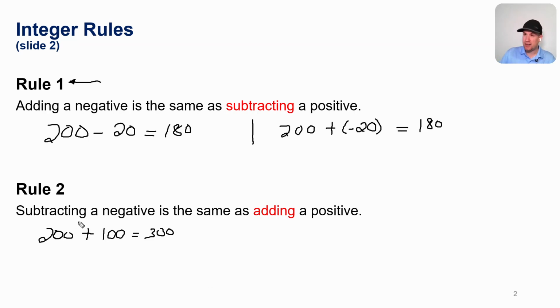A little bit trickier though, something that we deal with on a less daily basis in a sense, is subtracting a negative. So subtracting a negative is the same as adding a positive. Let's say, again, you start with $200 in your bank account, but let's say you owe $100 to your crazy uncle Earl. Earl will be nice to you, he lent you $100, and then you have to pay him back.